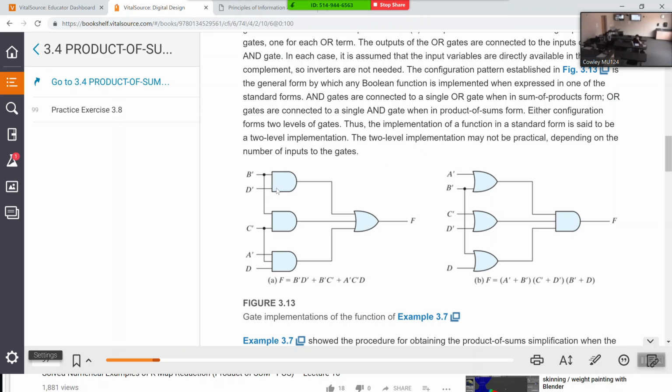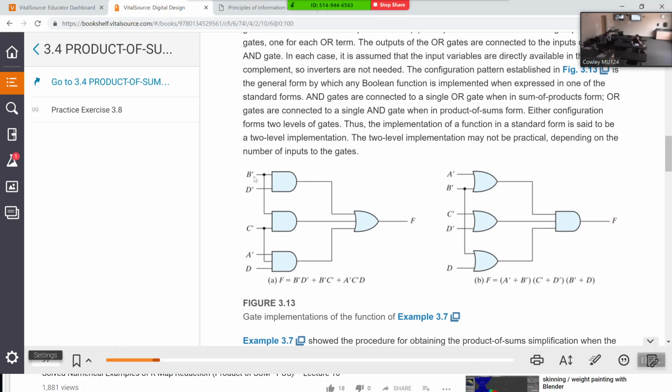And so you see the pattern we have here. We got our B prime, D prime coming in, and they don't bother to invert those like we saw before. They just have them come straight in. And then there's the and between them.